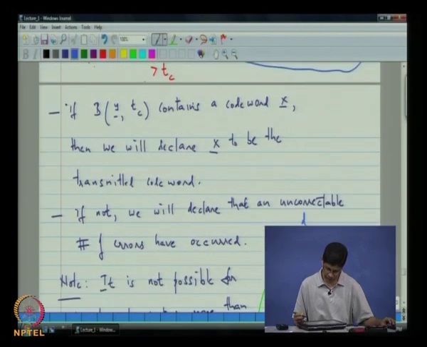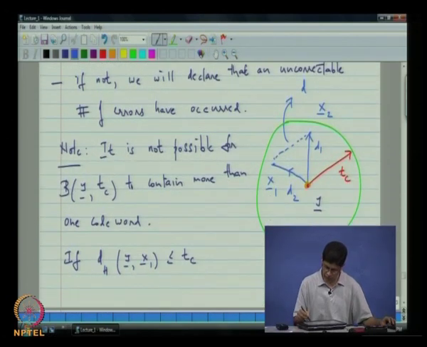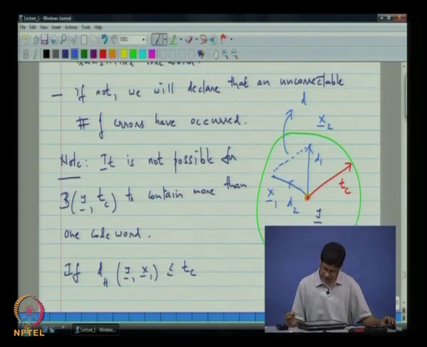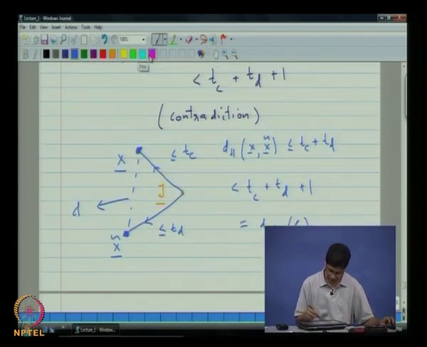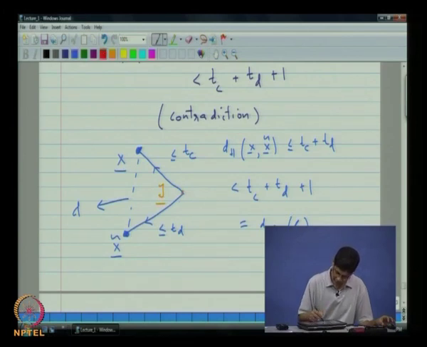All right. Now, if you put the two together, then after some discussion in which I expand on what I have just said, you have the situation over here where this thing here is your vector y received, you have x whose Hamming distance is less than or equal to t sub c, and you have x tilde whose Hamming distance is less than or equal to t sub d.